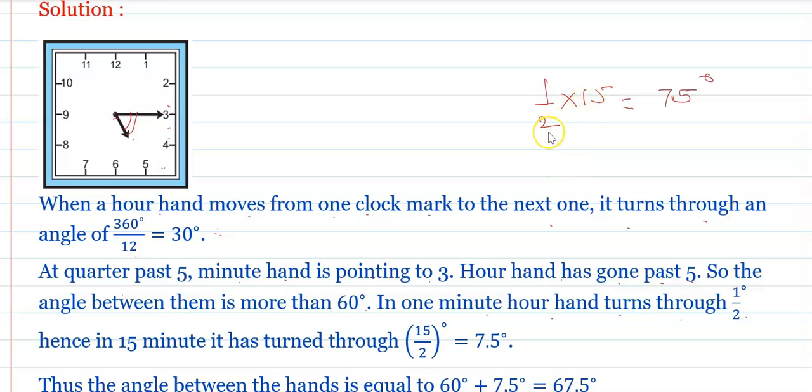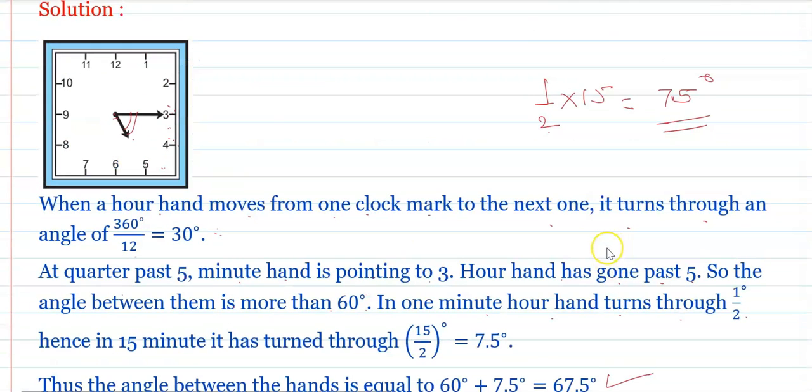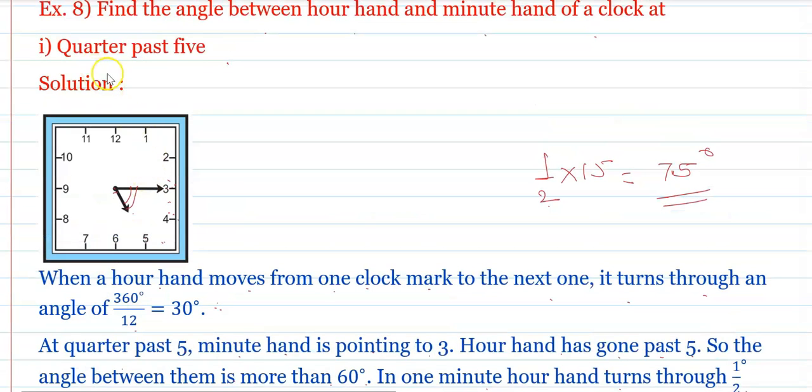Means what? 15 upon 2 equals 7.5 degree. So between 3 to 4 is 30 degree, 4 to 5 is 30 degree, and again plus 7.5 degree. Means what? 67.5 degree. Okay, and this is the angle between the minute hand and the hour hand at quarter past 5.